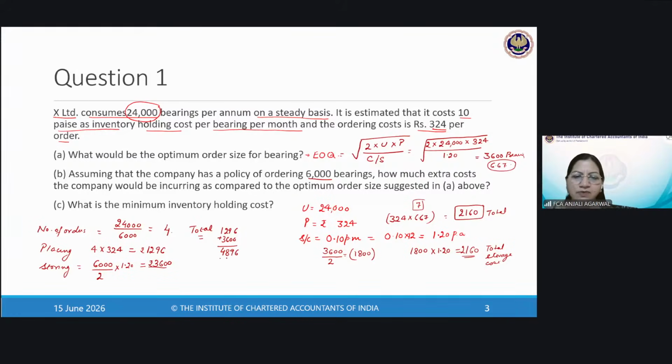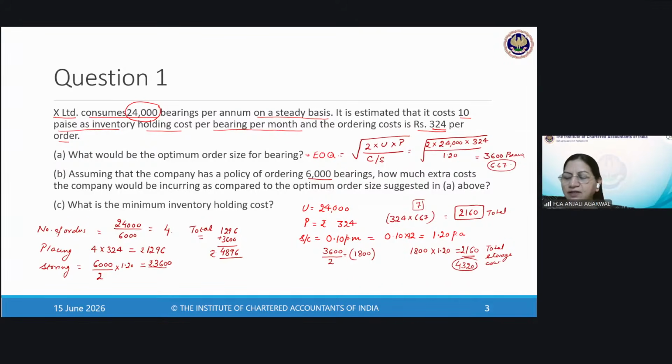So the total cost comes out to be rupees 4,896. Whereas if you had gone through EOQ, 3,600 bearings, the total cost would have been 2,160 plus 2,160, that is 4,320.